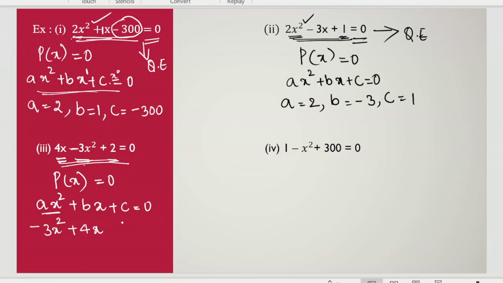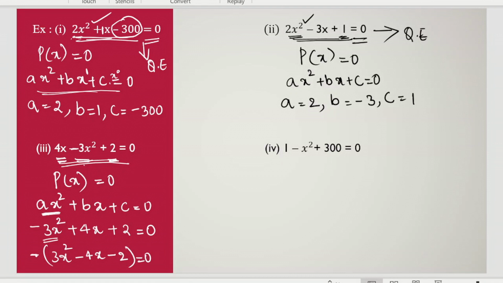And the last term is the constant, so take the constant term, which is plus 2, is equal to 0. Always take a positive term for x square. So if you take minus common here, it becomes 3x square minus 4x minus 2 is equal to 0.